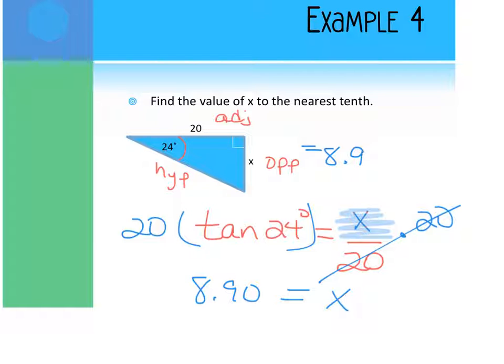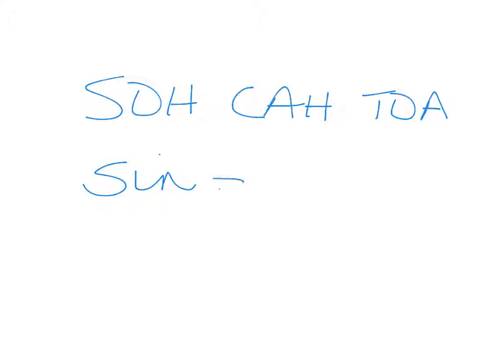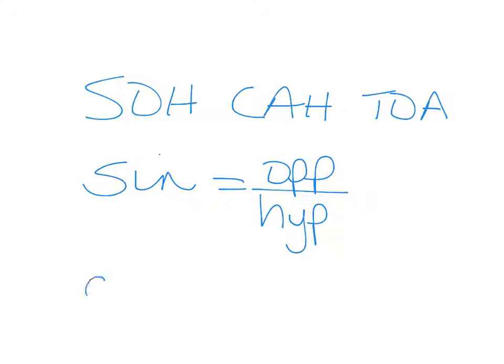Then tomorrow we'll go over this, and then I'm going to teach you the other two trig functions. And the other two trig functions, they're going to be the so and the ka. And here's the toa. So the sine is going to be opposite, that's what the O stands for, over hypotenuse. And then the cosine is going to be adjacent over hypotenuse.